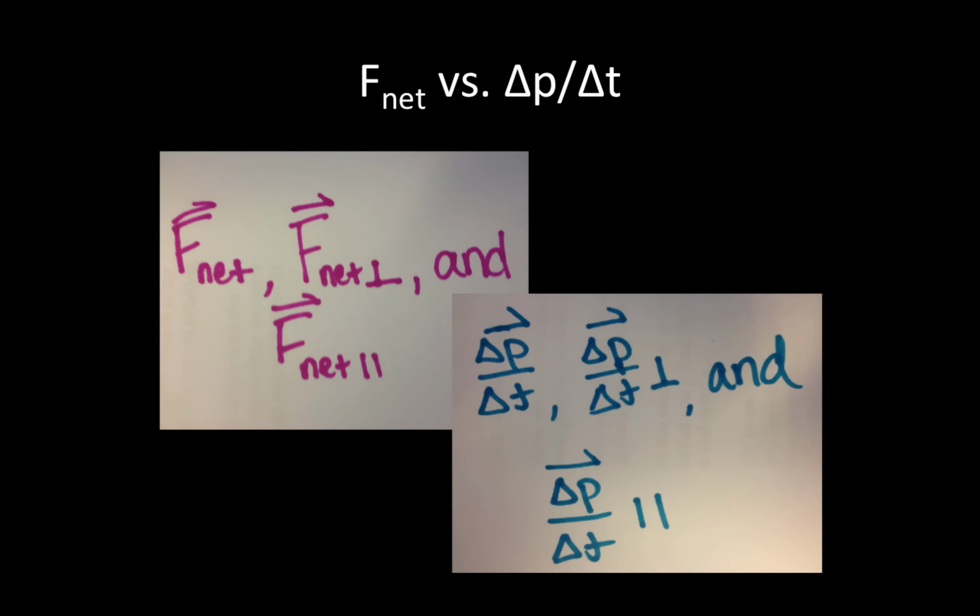Momentum can be broken down into mass and change in velocity over change in time, which is the definition of acceleration. Therefore, forces parallel to the direction of motion will cause a change in the magnitude of the momentum, while forces perpendicular to motion will cause a change in direction. In essence, these are not different. Fnet equals delta p over delta t, and so on and so forth for the rest, as we have already used in this lab.